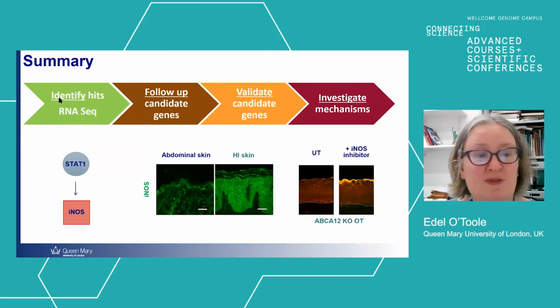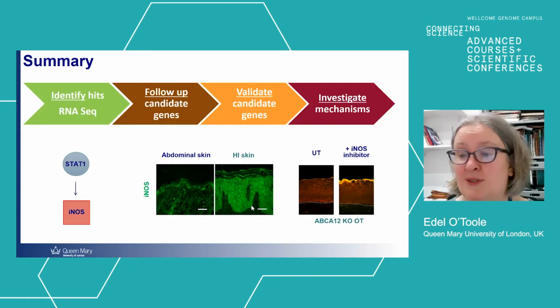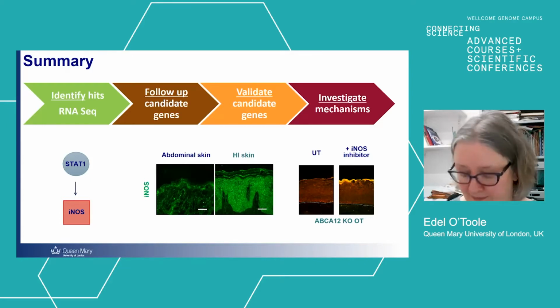So in summary, we've identified hits from RNA sequencing, and I've taken iNOS as an example here. We've followed up candidate genes and validated these. Here you see increased iNOS staining in Harlequin ichthyosis skin. And then we've treated with an iNOS inhibitor and shown that we can restore the skin barrier.